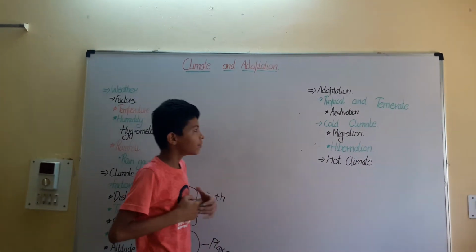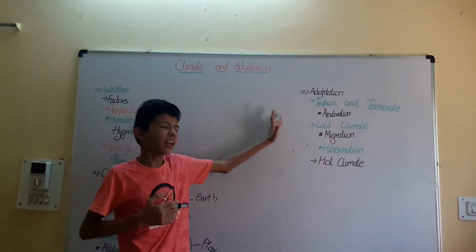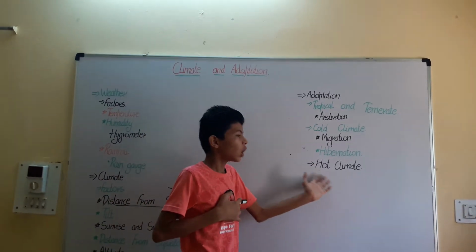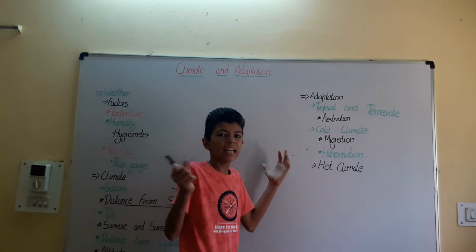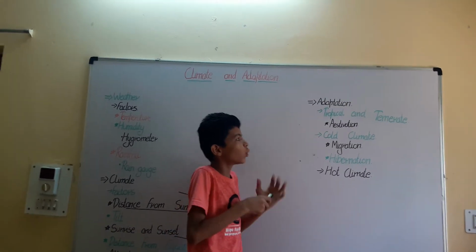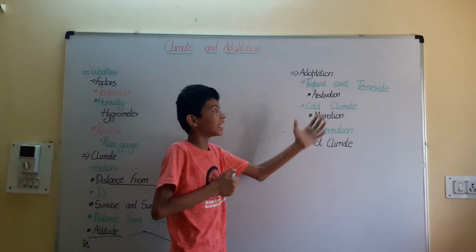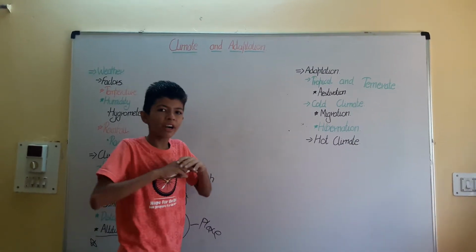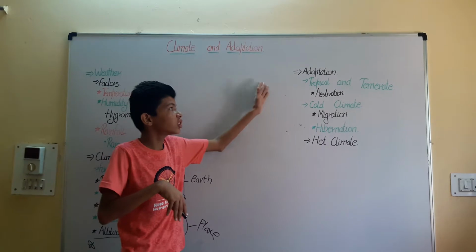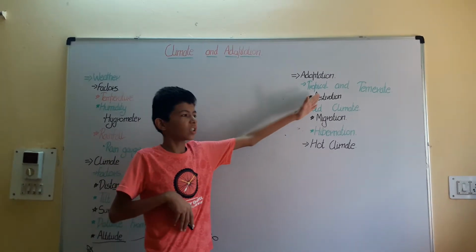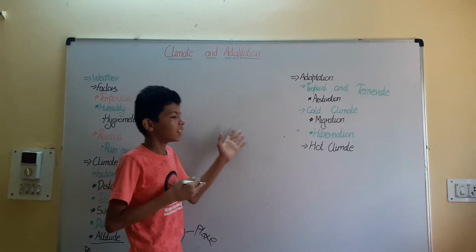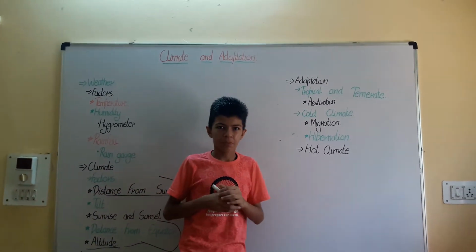Here the temperature is not as hot as in hot climate regions like deserts, and not very cold like the polar regions. So it is a moderate climate and it has lots of rain. These forests or areas have lots of rain. So let's first learn about the adaptations.